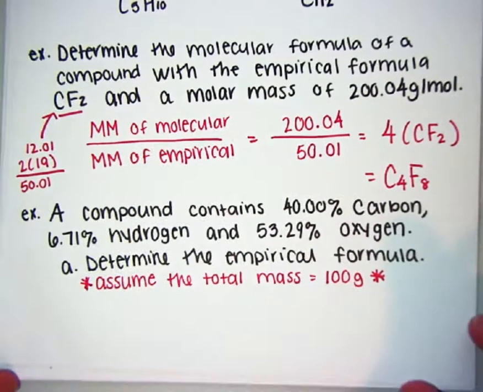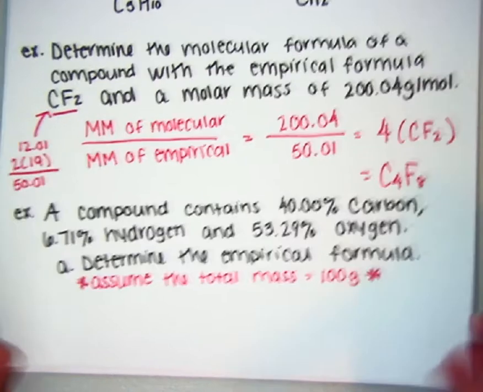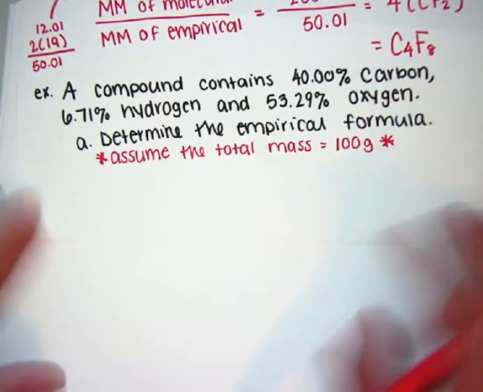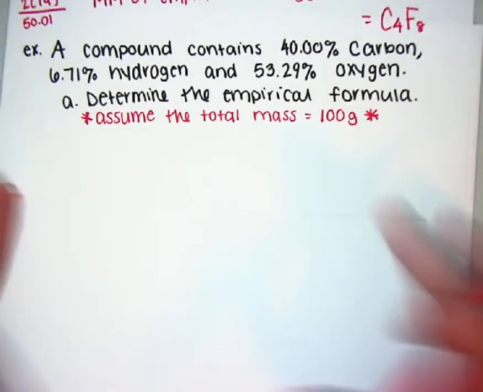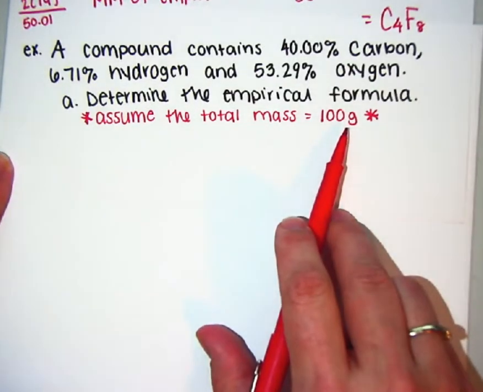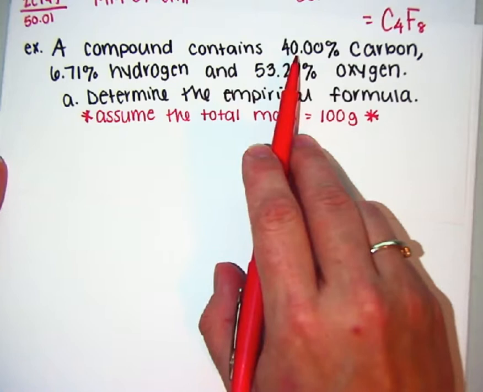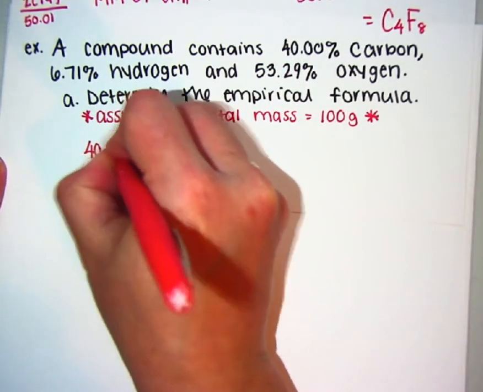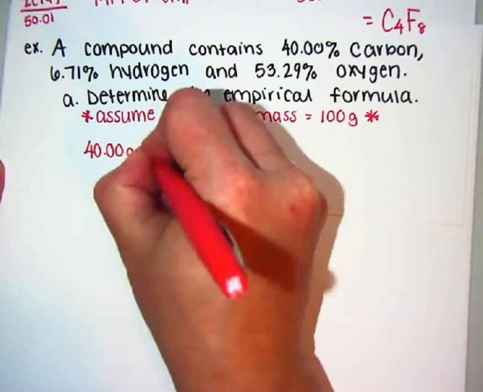That is going to make your calculations much easier. Assume that the total mass is equal to 100 grams. So if the total mass is 100 grams and 40% of it is carbon, 40% of 100 would be 40 grams.